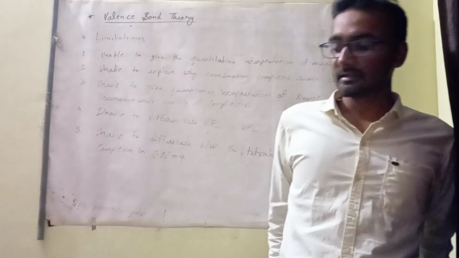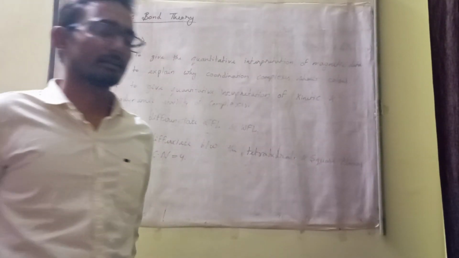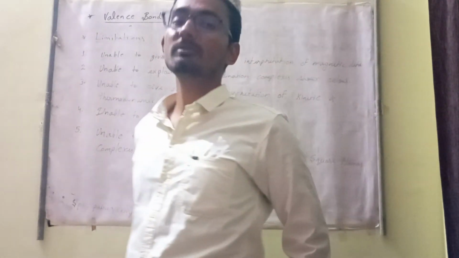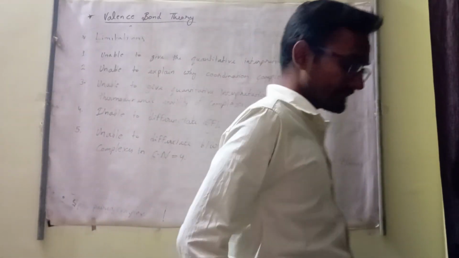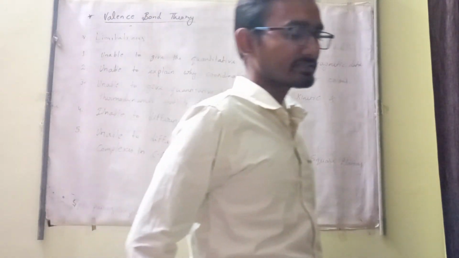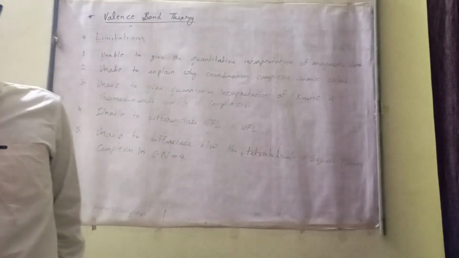Then we find that the geometry of the complex is determined by the magnetic properties of the complex, and hybridization does not have any role in the determination of the geometry of the complex.